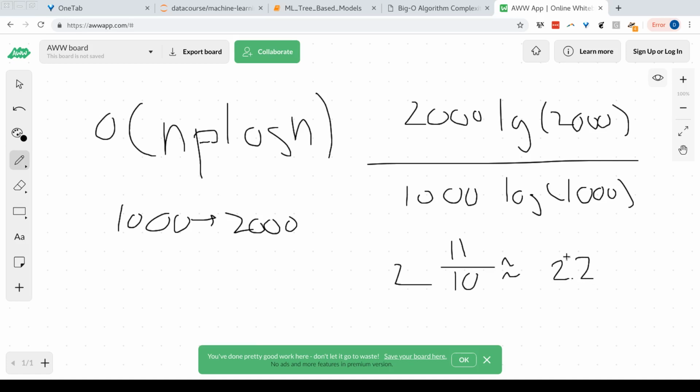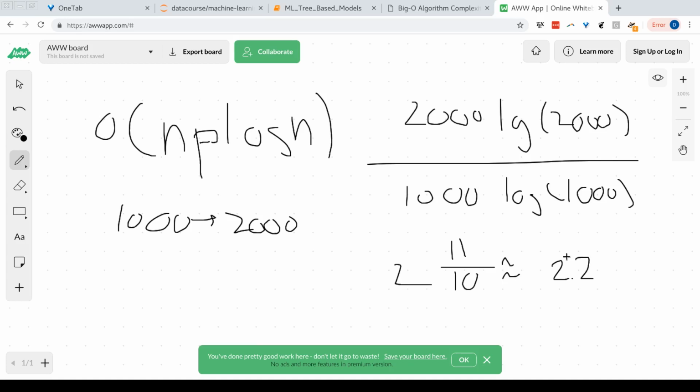So in other words, if we were to go from 1,000 to 2,000 observations, our training time will roughly double. It's going to more than double. It's going to increase by a factor of 2.2. So the conclusion here is that the training time is not going to have a linear behavior.